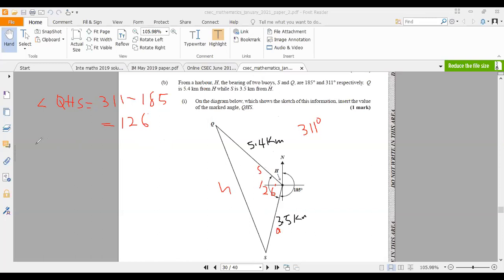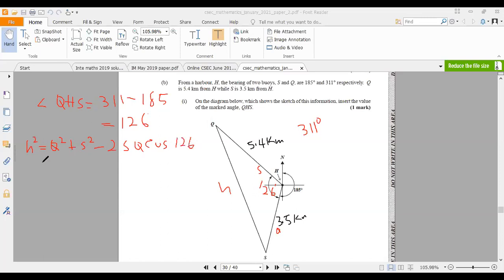So I'm going to say a squared is equal to q squared plus s squared, minus 2sq cos of what? Cos of H, 126.